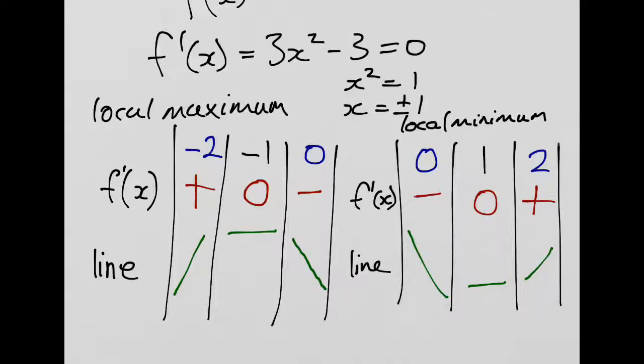So now let's determine where those stationary points are. What we do is just put our values for the stationary points into our original function. Which is going to equal 2.